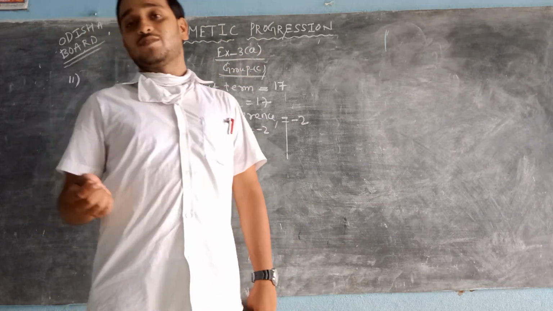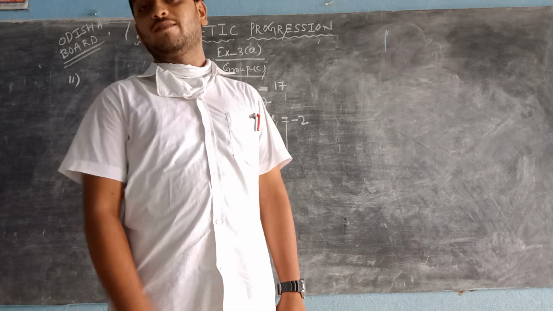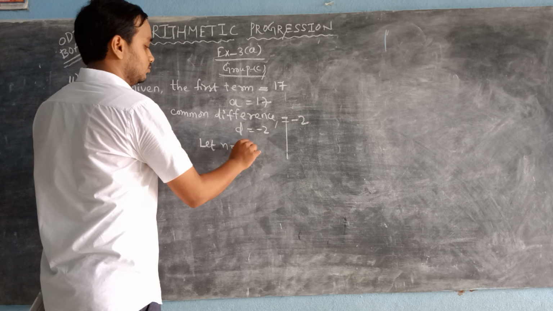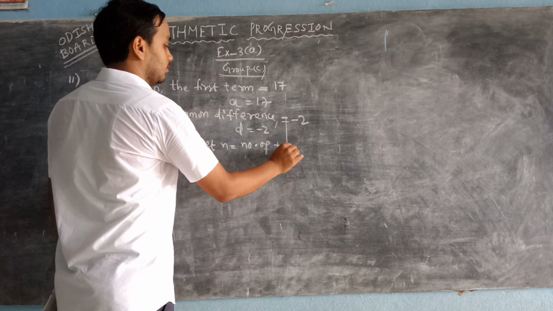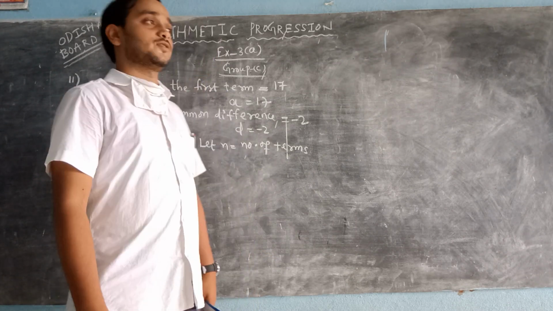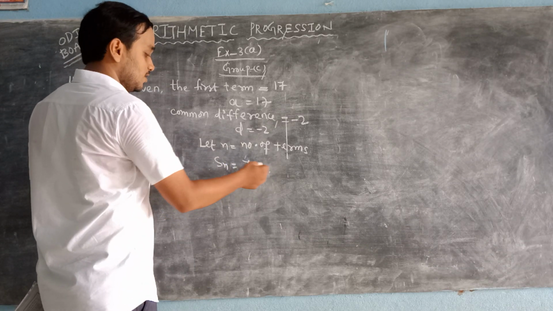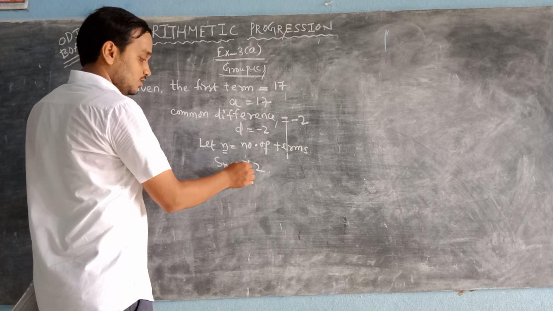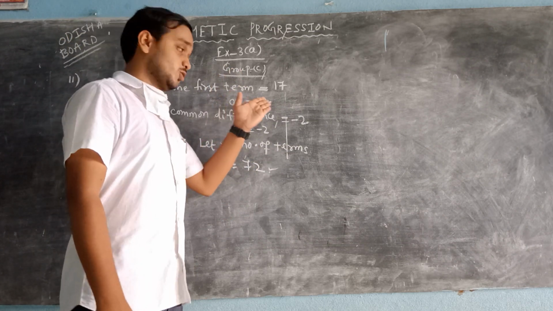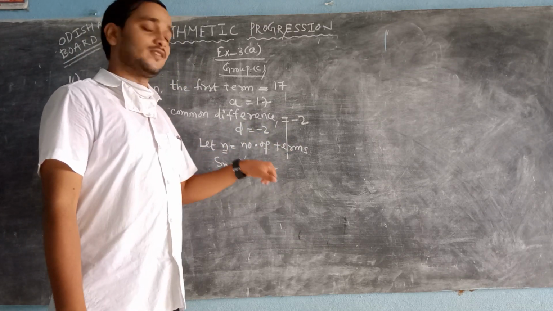I have told you many times, if the question asks how many terms, we must find the value of n. Let n be the number of terms. Also given, Sn is equal to 72, that means the sum of n terms is 72. So the given factors are a equal to 17, d equal to -2 and Sn equal to 72. We will find the value of n.